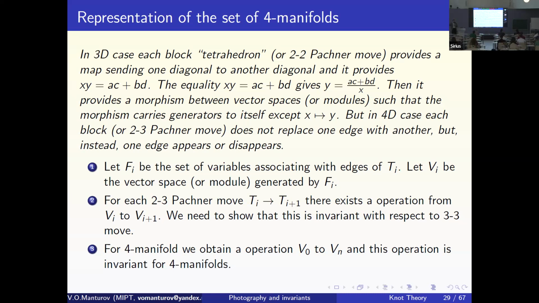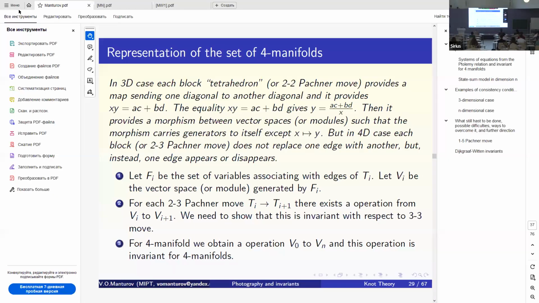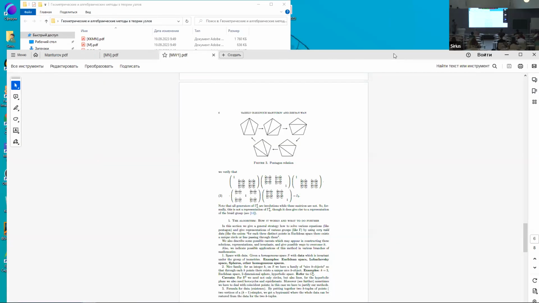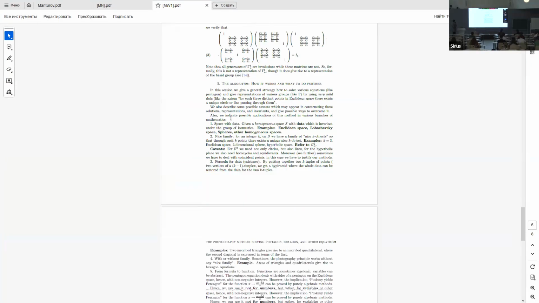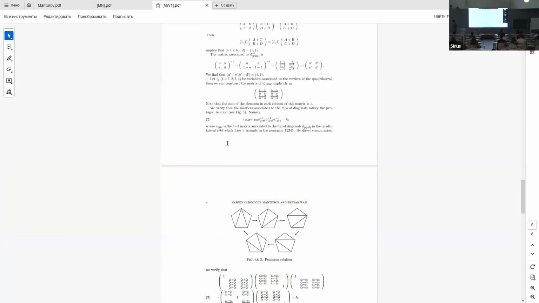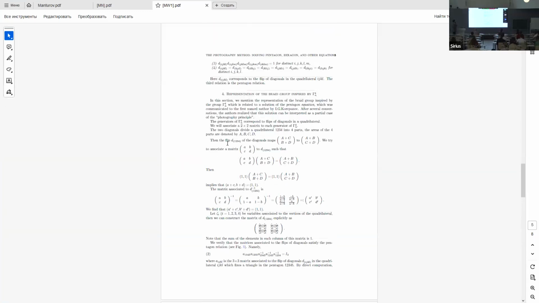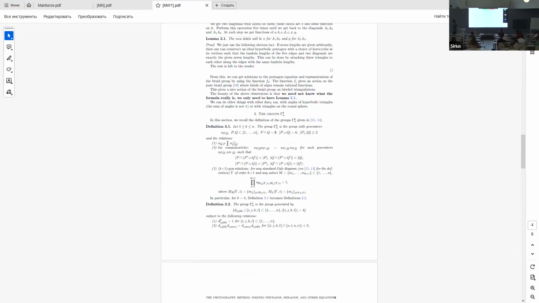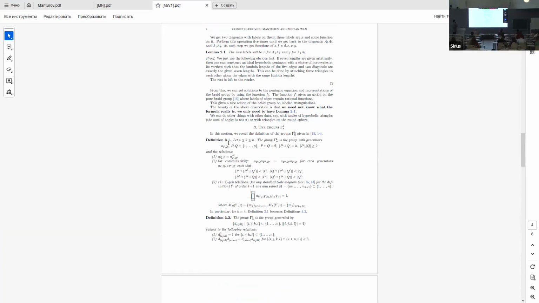May I ask you to show, Nikolai, Manturov 1, number 1. Yes, this one. And maybe I want to scroll to the paper, we have hyperbolic length, a nice picture borrowed from a paper by Anna Felix.